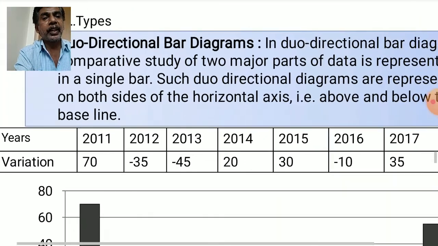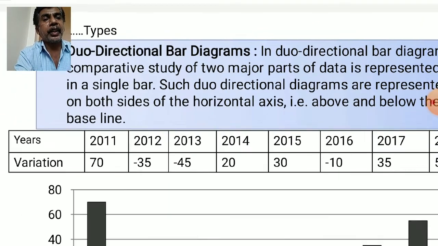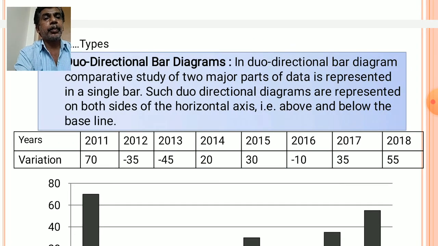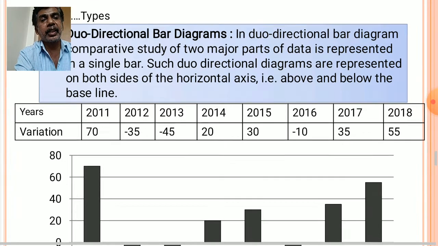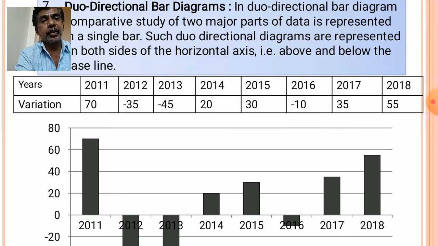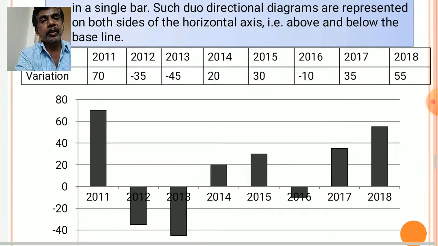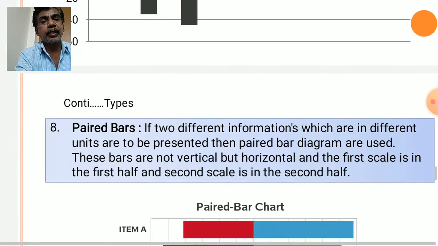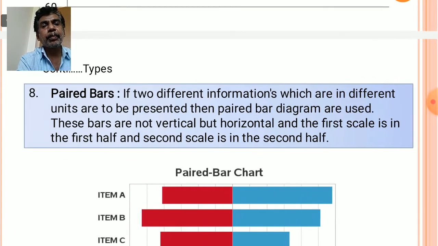So therefore in a directional bar diagram, a comparative study of two major parts of the data is represented in a single bar. Two major parts, one is a plus value and another one is the minus value. Now paired bars.